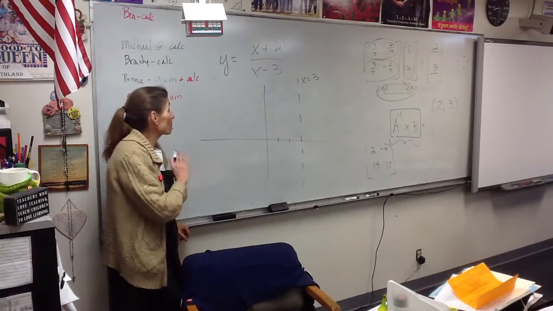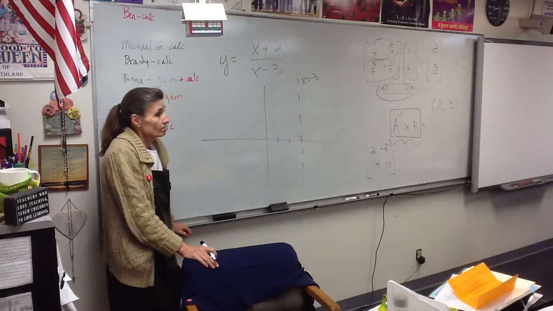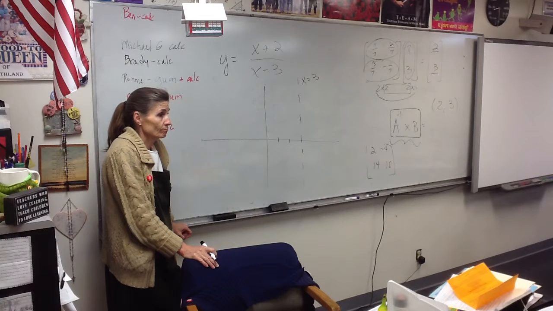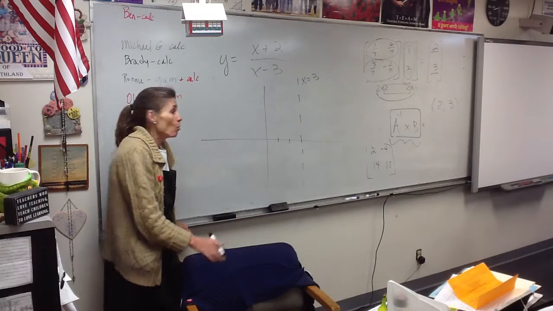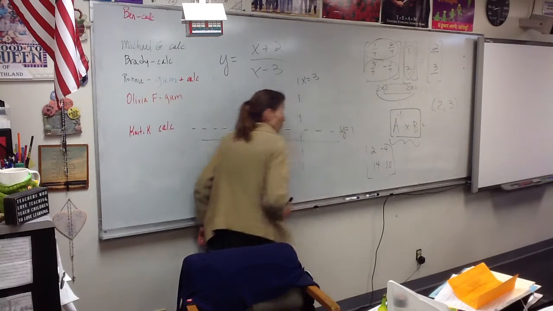Okay, anybody remember anything else about this picture? There's a horizontal asymptote. Do you know where it is? At 1. Why, is the horizontal asymptote at 1?